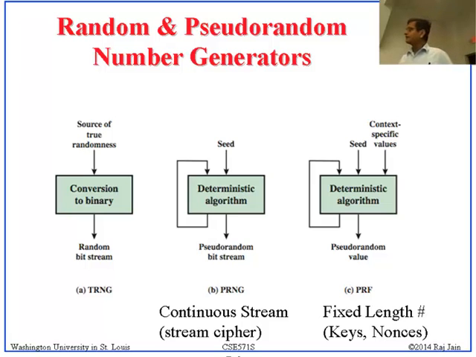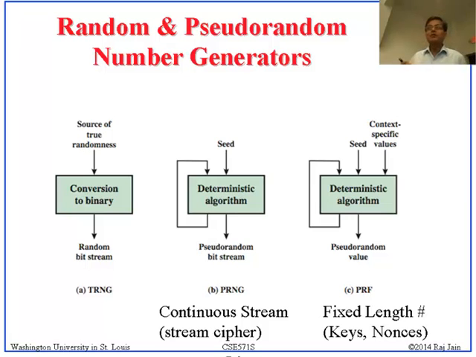So there are several ways to do this. The numbers that we're going to talk about are pseudo-random numbers, but they are going to be secret in the sense that there is a key, which if somebody doesn't know, then they cannot generate the same stream.